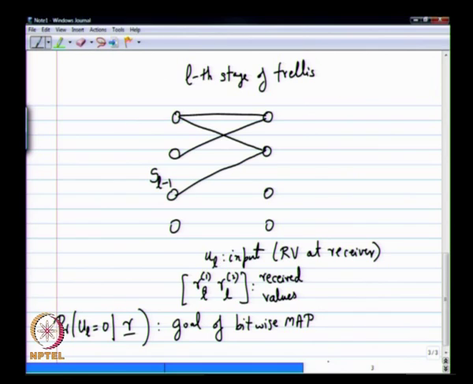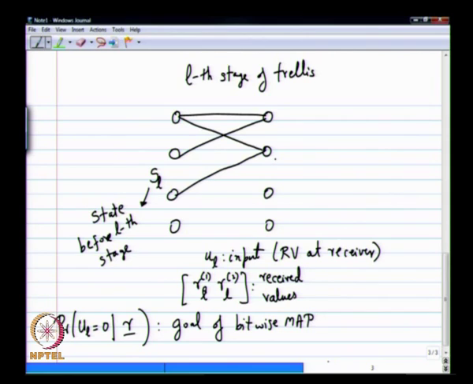But then the problem will come when you do the 0th stage, right? So maybe S L minus 1 is not a good idea. We will do SL. SL is the state before the Lth stage of trellis.